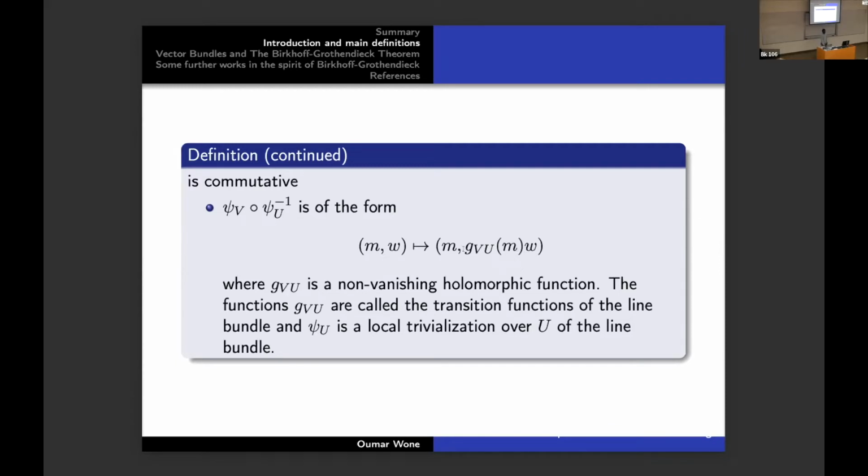So this means that we require that this map is linear in the fiber, and the g VU have to be non-vanishing holomorphic functions. In general, we call the g VU the transition functions, and psi U is called a local trivialization.